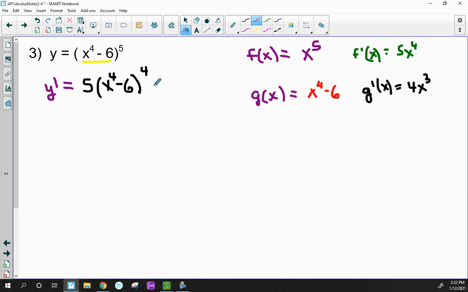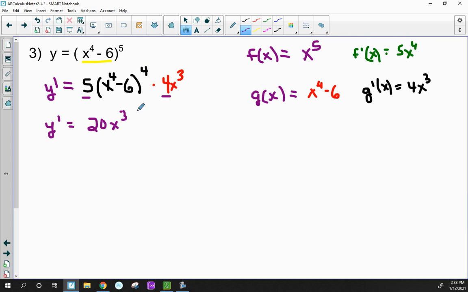After you do the outside function's derivative, then you're going to go to the inside, which is the g function. You're going to derive x to the 4th minus 6, which is 4x to the 3rd. And then last, put those together when you can. Everything's being multiplied together anyway, so 5 times 4x to the 3rd is 20x to the 3rd.